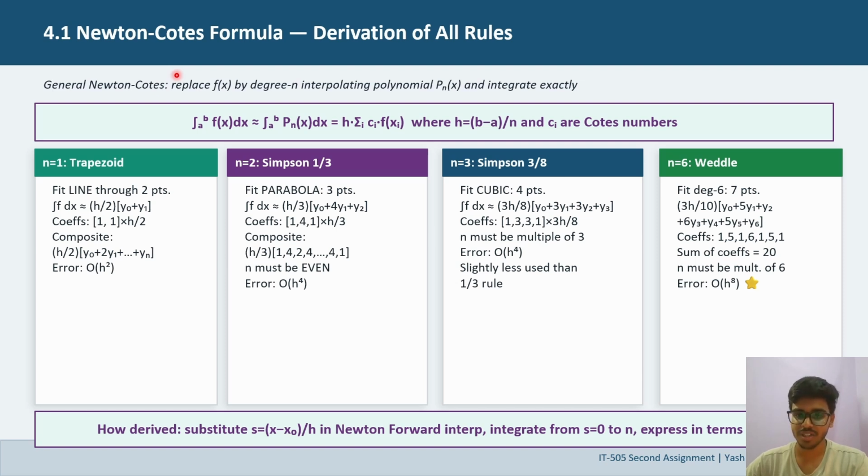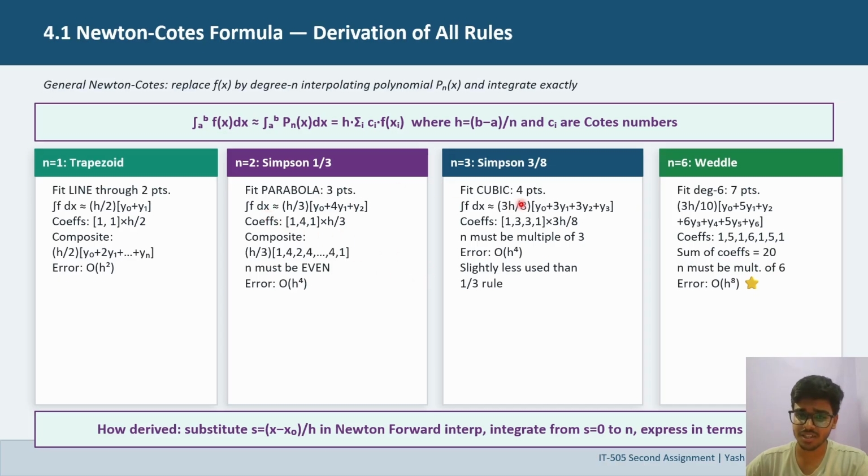Now for n equals 1, we get the trapezoidal rule. The formula is: integral of f of x dx is approximately equal to h by 2 into y0 plus y1. For Simpson's one-third rule, integral is approximately equal to h by 3 into y0 plus 4y1 plus y2.